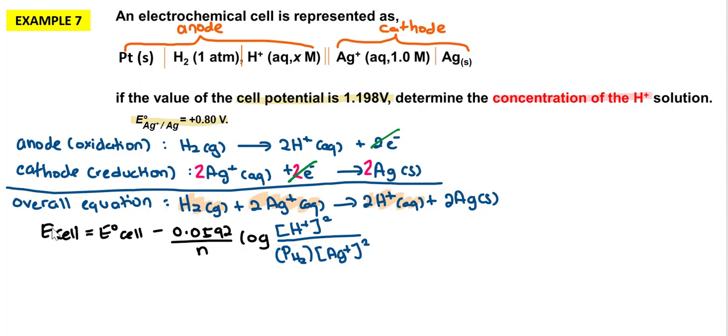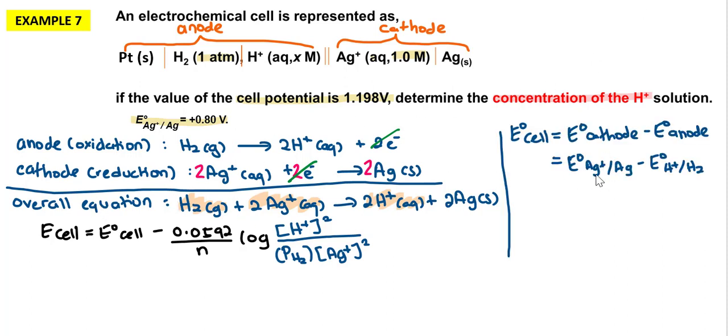We already have the E cell value, and we need to find the concentration of the hydrogen ion. Also from the cell notation, we have the pressure of the hydrogen gas and the concentration of the silver ion. So we need to find the E naught cell value for this reaction.